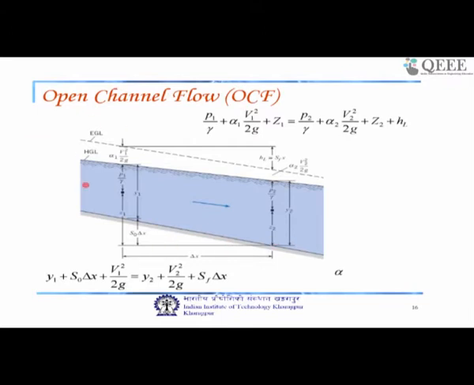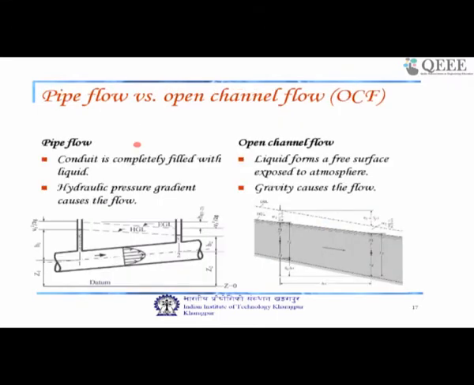Now, this open channel flow is different from pipe flow. What are the differences? In the pipe flow, this is the pressure head, this is the hydraulic gradient line, this is the energy gradient line, and this is the datum, these are the elevation heads.